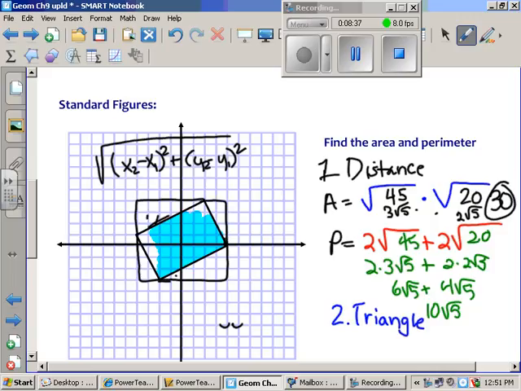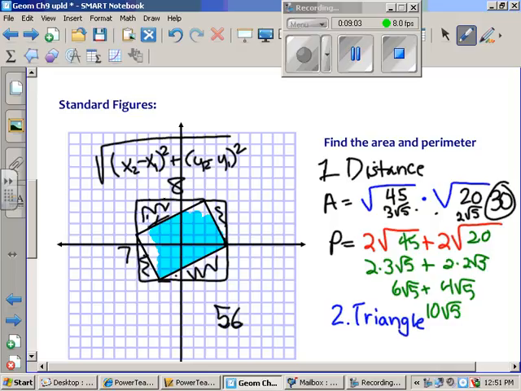And we just counted 1, 2, 3, 4, 5, 6, 7, 8, and then 1, 2, 3, 4, 5, 6, 7 down. So that means the whole rectangle's area is 56. Then I'm going to subtract out these triangles, and that's going to leave me with the shape.